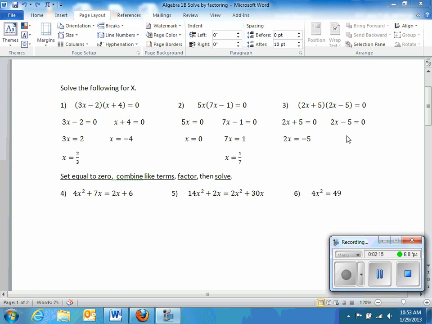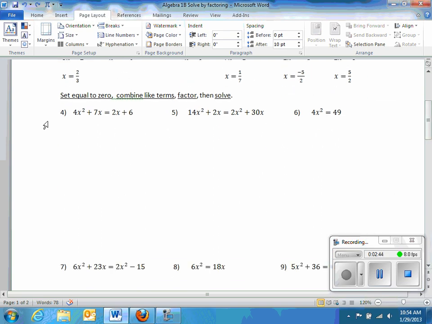It'll be 2x equals positive 5. Here I have to divide this side by 2 and this side by 2. I'll get x equals negative 5/2. And then over here, I have to divide this side by 2 and divide this side by 2. I'll get x equals 5/2. So our two solutions are x equals negative 5/2 and x equals positive 5/2.